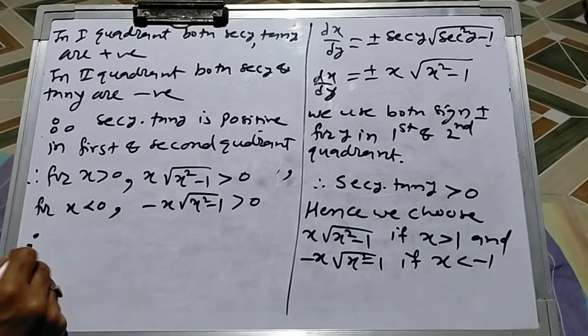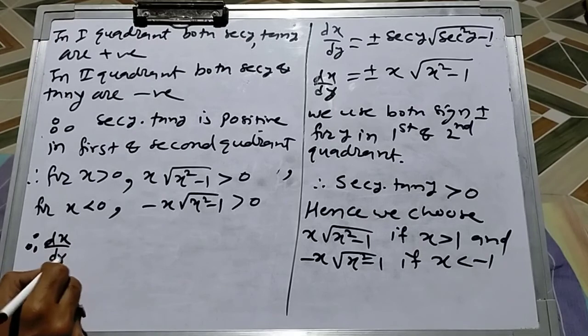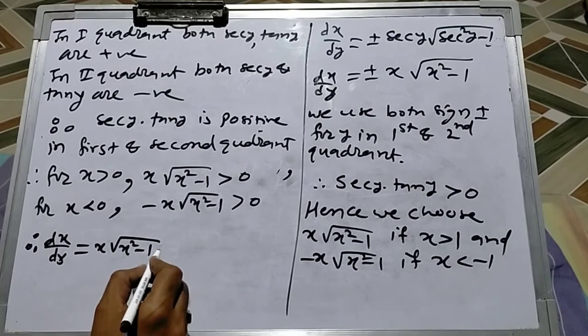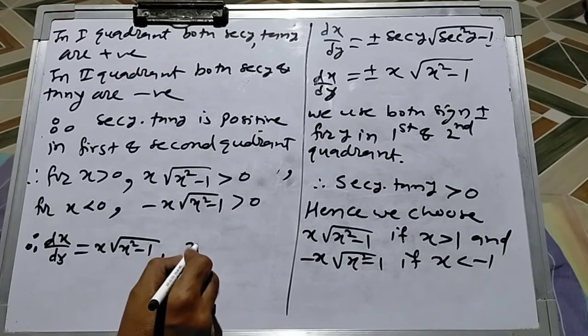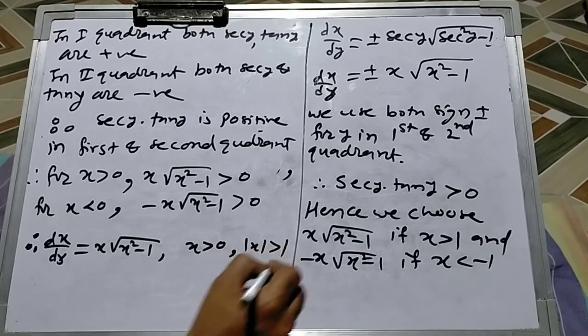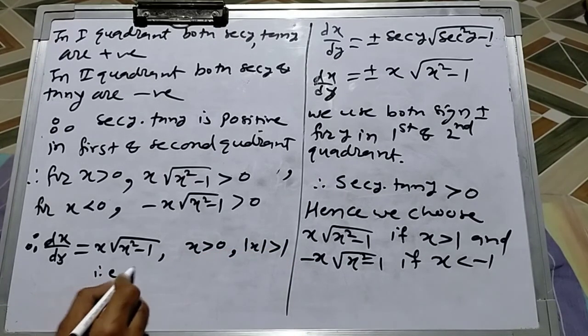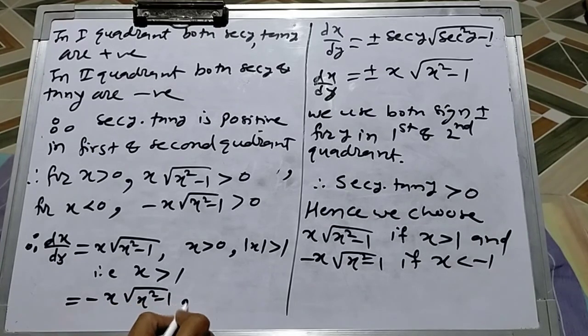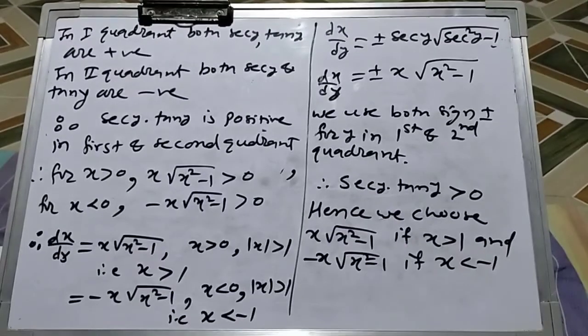So therefore dx/dy = x√(x² - 1) whenever x > 0, |x| > 1, that is x > 1, and = -x√(x² - 1) whenever x < 0, |x| > 1, that is x < -1.